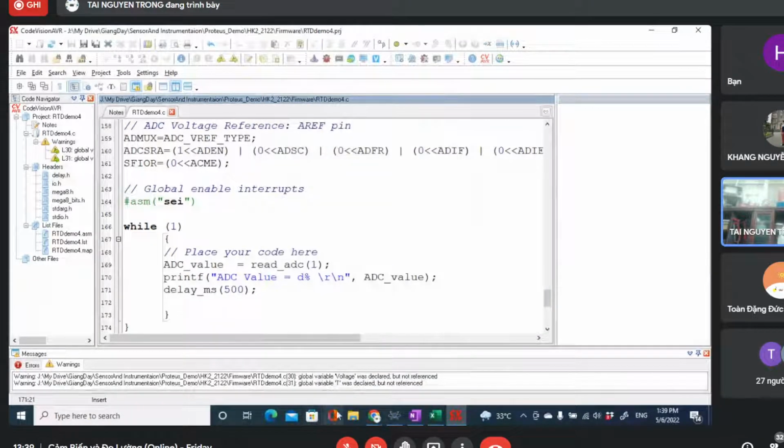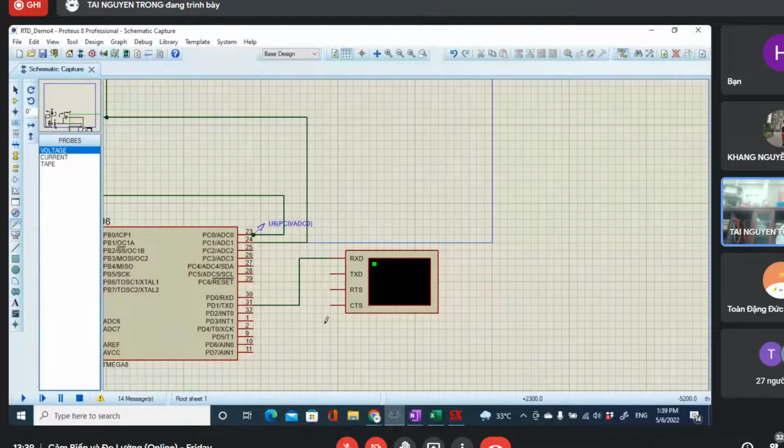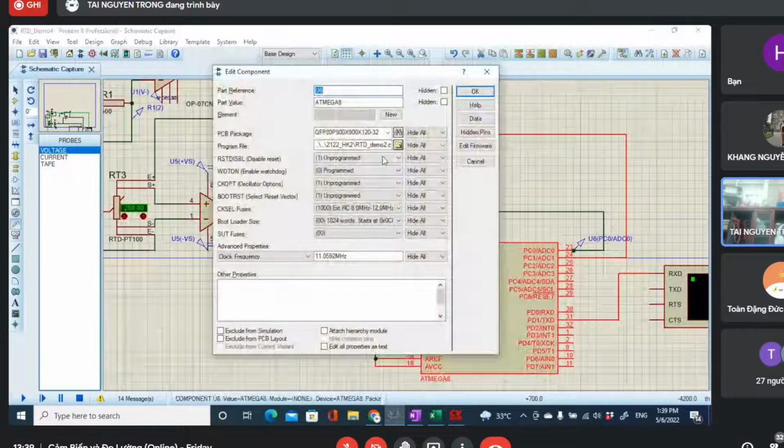Then we first read the value of ADC first.